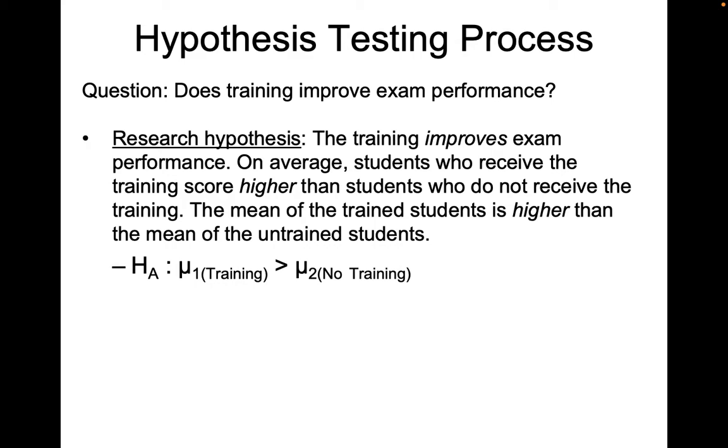So we can see that the symbols correspond exactly to that third sentence, which is that the mean of the trained students is higher than the mean of the untrained students. And again, just to be very clear, when we say mean, we're very clearly referring to population mean as symbolized by those Greek letters, the two mu's there.